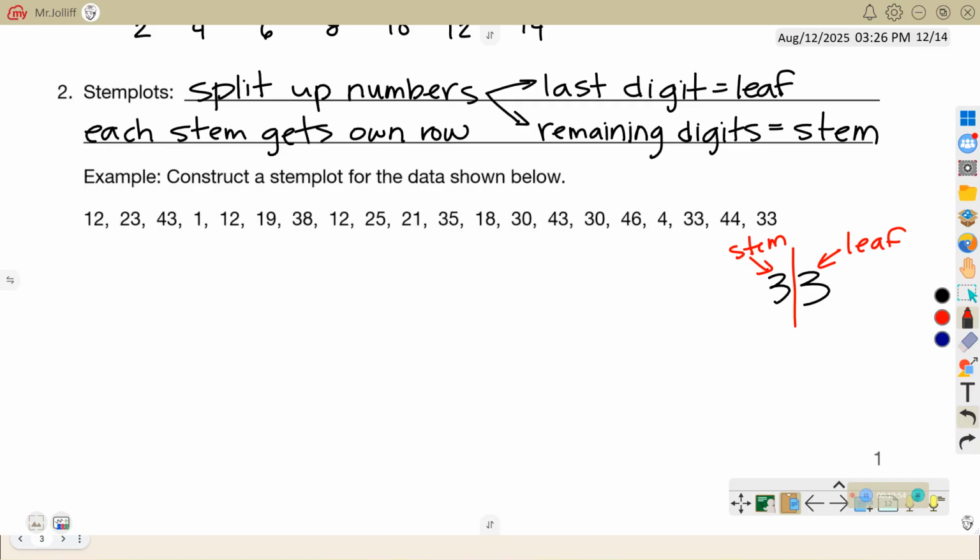Would the stem and the leaf be the same? No. So is there like a leading zero? Like the zero comes after? So that's a question. Does it matter where I put the 0 on the 1? Yeah, because if I put it behind the 1, it becomes a 10. That's a new number.